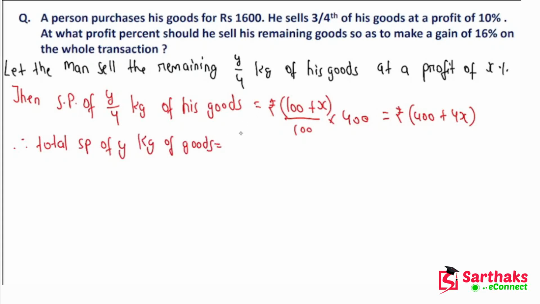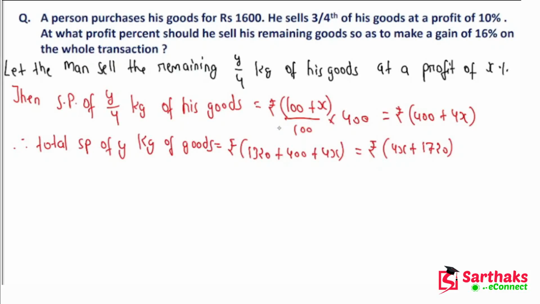See, 3/4 you have sold at some other price, y by 4 you are selling at some other price, so it is rupees 1320 plus 400 plus 4x, which is rupees 4x plus 1720. So the total selling price of y kg of goods is this, 4x plus 1720 rupees.